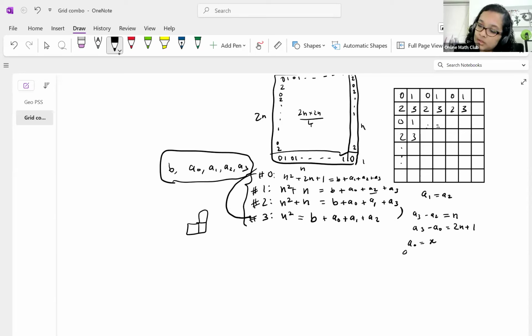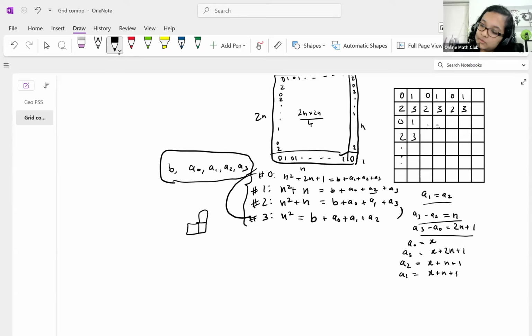Then A3 would be x plus 2n plus 1, and A2 would be x plus n plus 1, and so would A1, just from these equations. B sort of cancels out from all of these. So if you get one of the other AI, you can solve for the others.